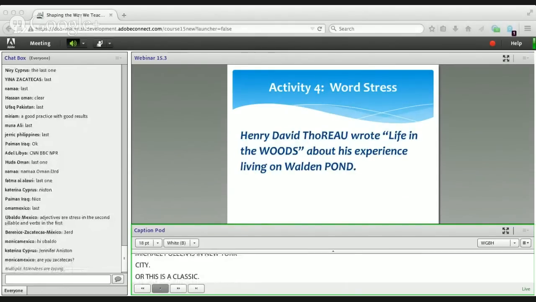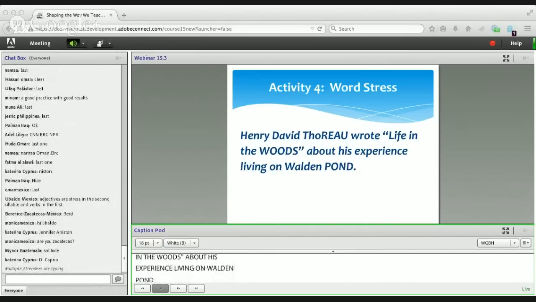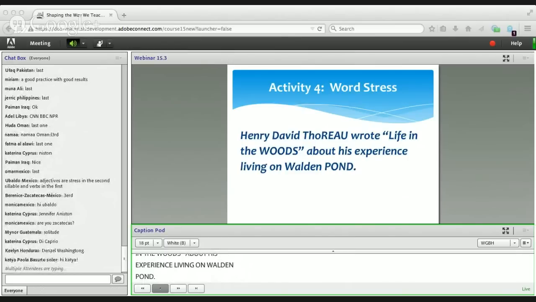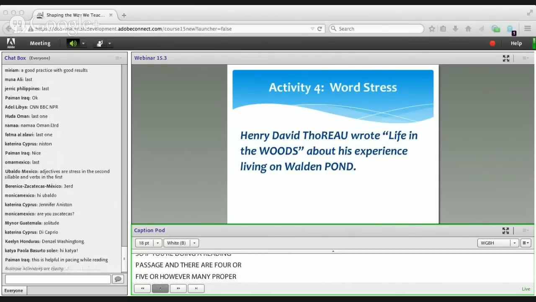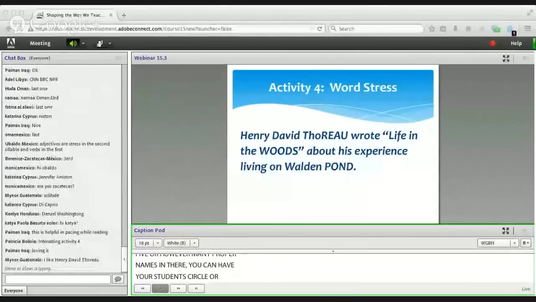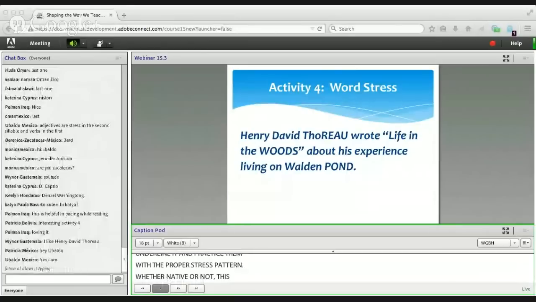So in other words, if you're doing a reading passage and there are 4 or 5 or 10 or however many proper names in there, you can have your students underline or circle them and then practice saying them with the correct word stress pattern. This is whether you're a native speaker or not. This should be pretty straightforward for you and your students, okay? And then encourage them 2 weeks later, 4 weeks later, 6 weeks later, remind them, remember, it's not Henry David Thoreau, it's Henry David Thoreau, okay?